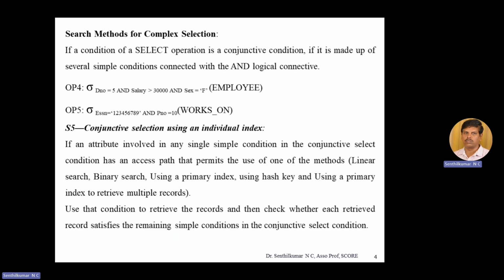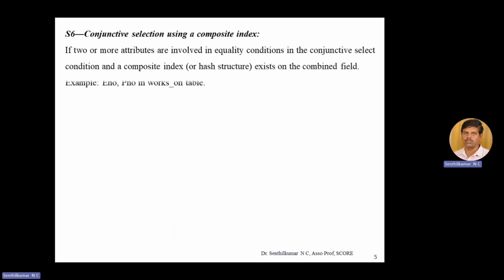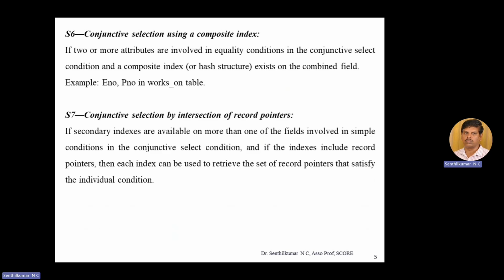So the intersection will be applied among all three sets of record pointers, and the record pointers that are common will be identified. Based on that record pointer, the corresponding tuple will be identified, and that particular tuple has all three values.